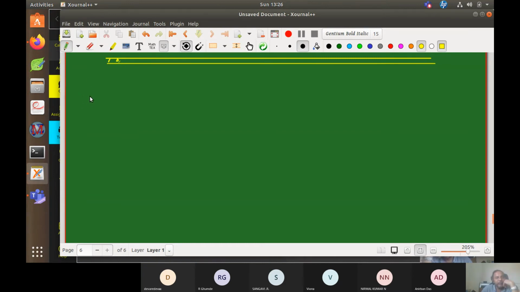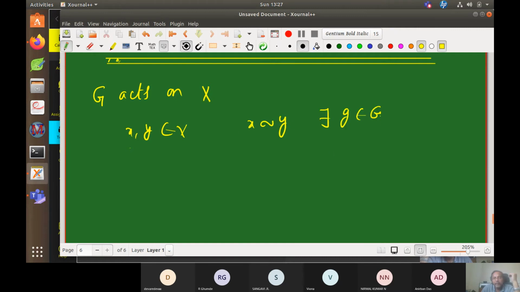Okay, now let us go back. G acts on X. Now I take x, y belonging to X. Once G is acting on X, I'm trying to define a relation: x is related to y if there exists g belonging to G such that g dot x equals y. So for every x, y belonging to X, there exists a g in G such that g dot x equals y.